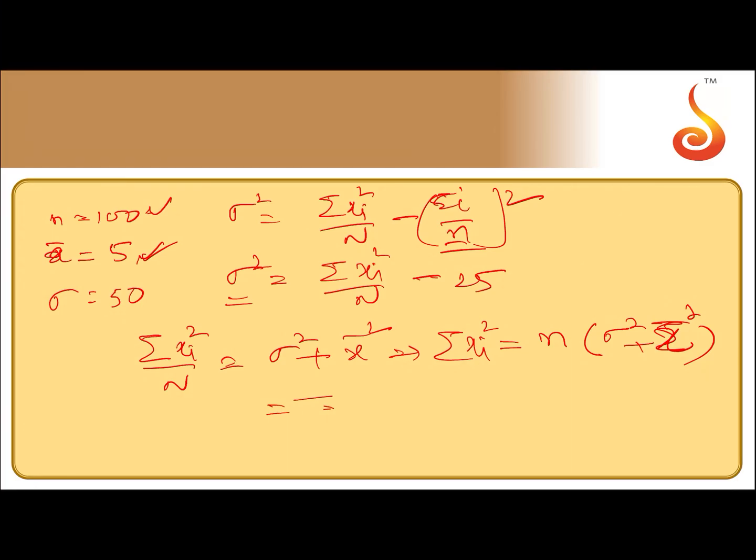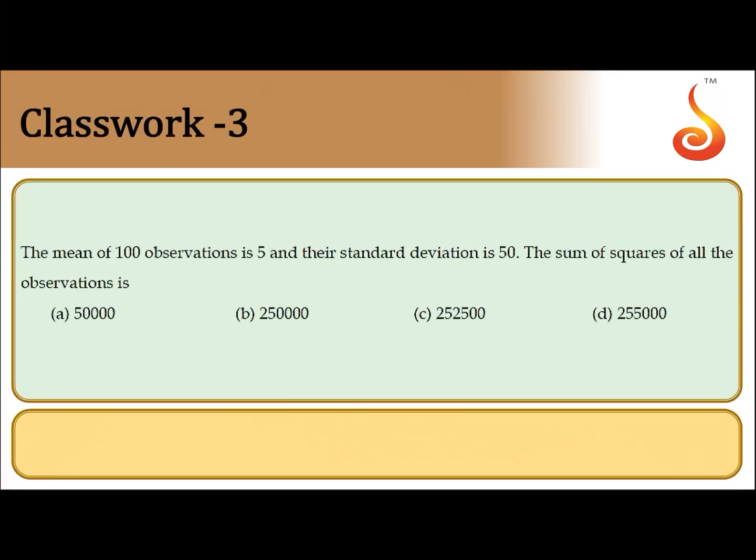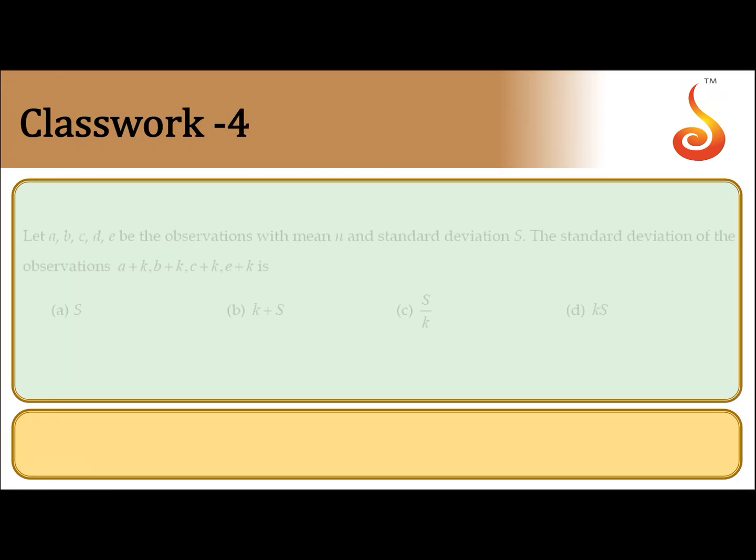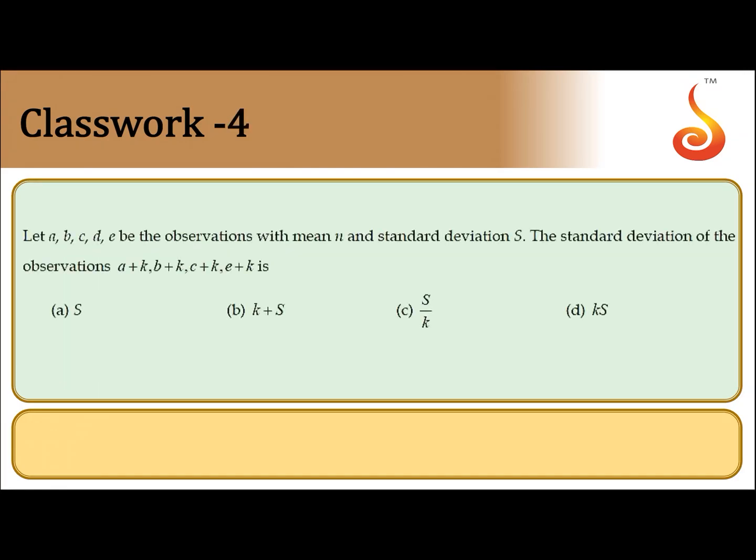Sigma square is 2500, plus x bar square 25, and n is 100 observations. So the answer is 252500. C is the answer here.